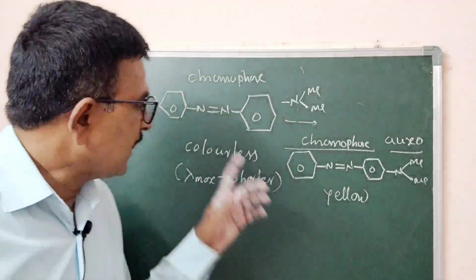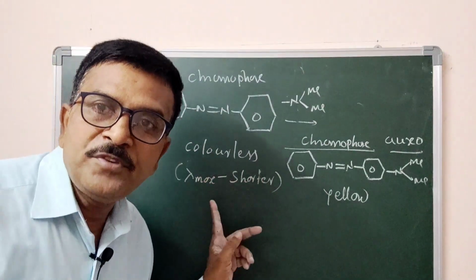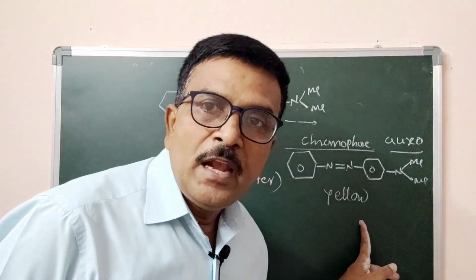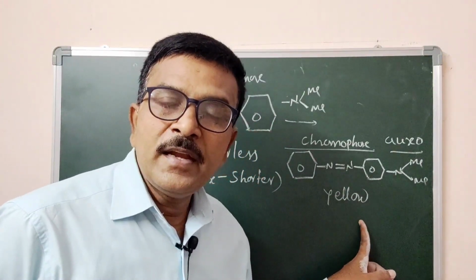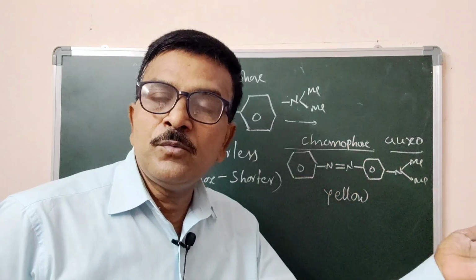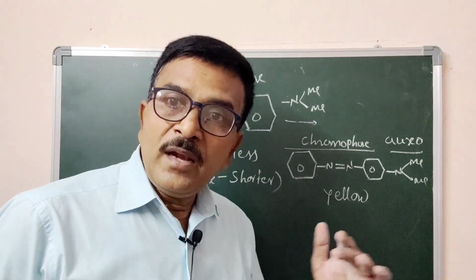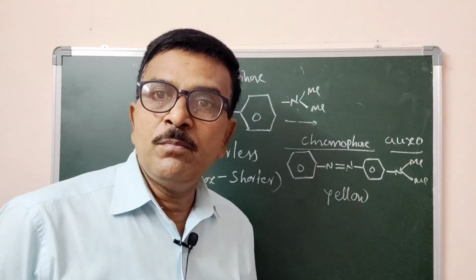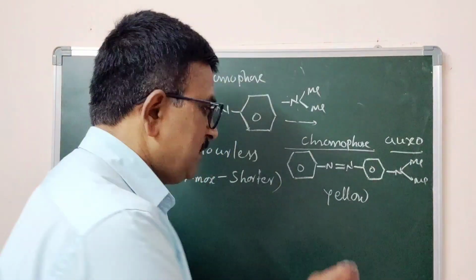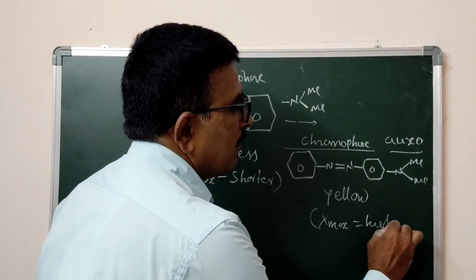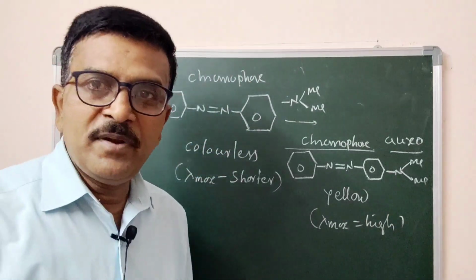What does it indicate? Colorless indicates absorption in the UV region, that is shorter wavelength. The appearance of yellow indicates its absorption is shifted from UV to the visible region, where the wavelength is higher. Lambda max is high. Are you following? What happens here?